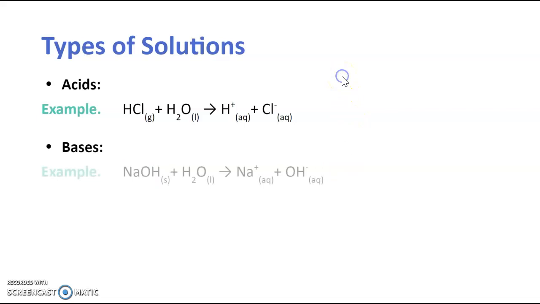If we look at bases, then we have sodium hydroxide, for example, which is a solid, plus liquid water, and that also breaks apart into a sodium 1+ ion and a hydroxide 1- ion.